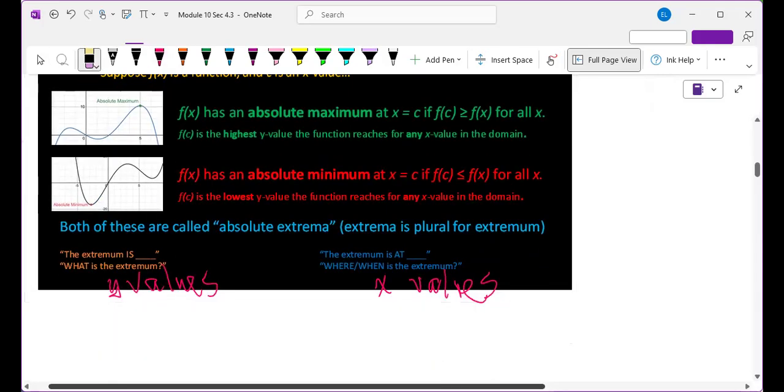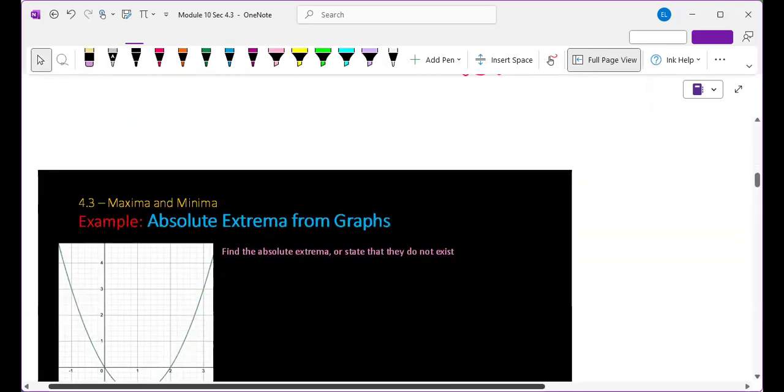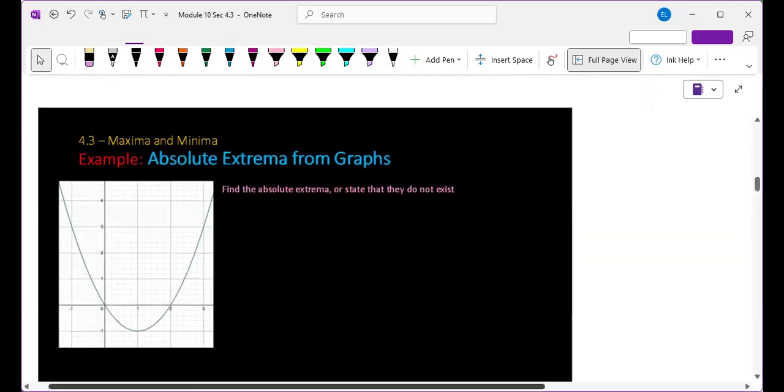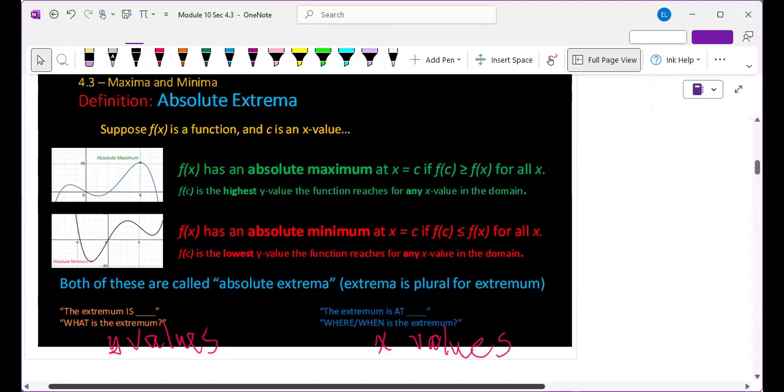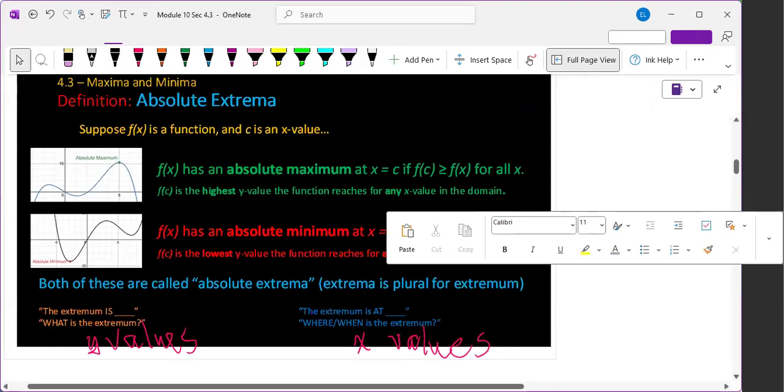And part of the reason we're going to the effort of being this explicit is because this is the easiest mistake to make on web work, is confusing which thing goes in which blank. Because it's like the extremum is or the extremum is at.